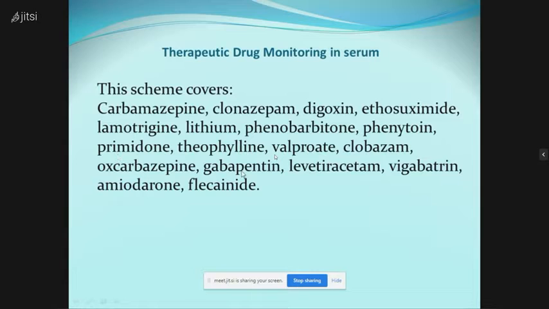A variety of drugs can be measured, like digoxin, clonazepam, and other drugs used for inpatients.